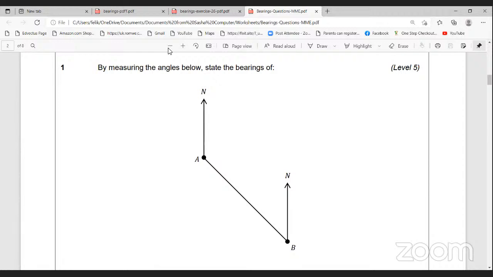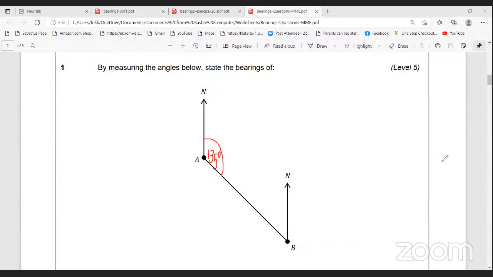But what I'm going to do is put in an angle. All right, so that's 135 degrees.